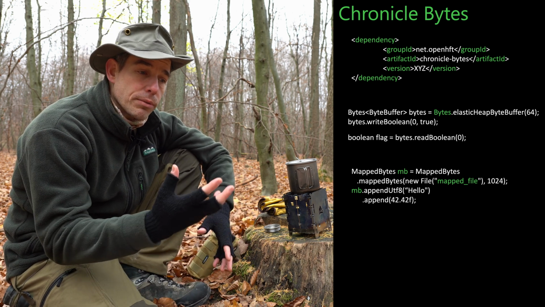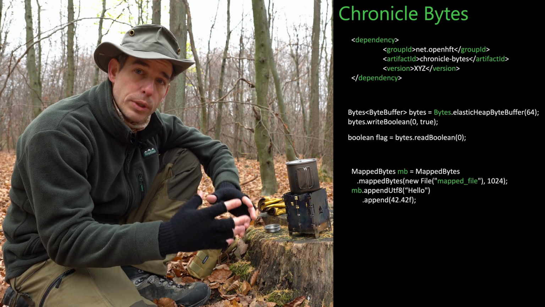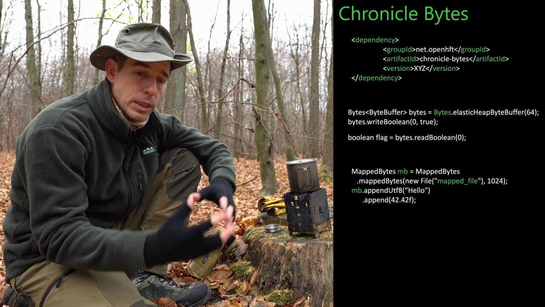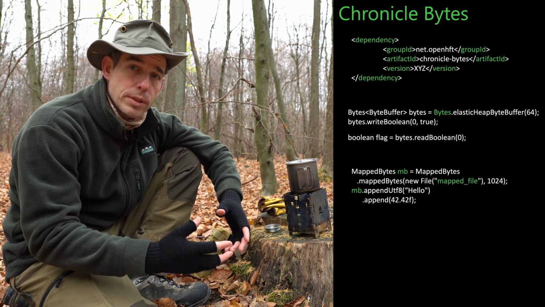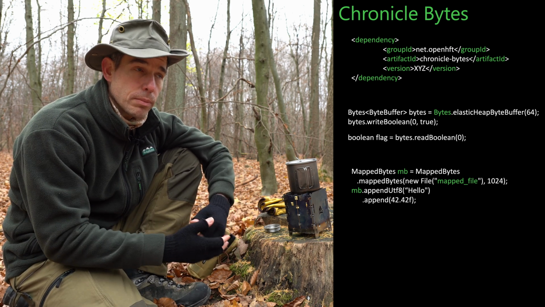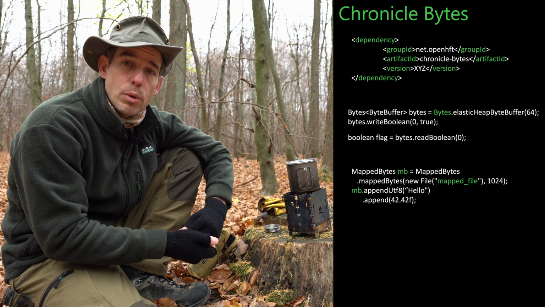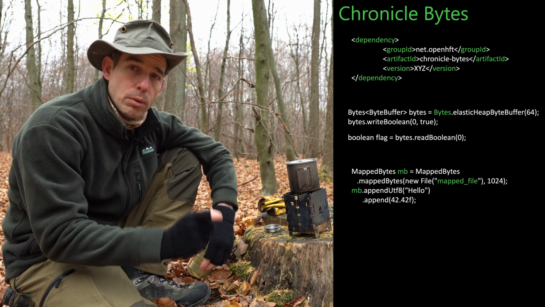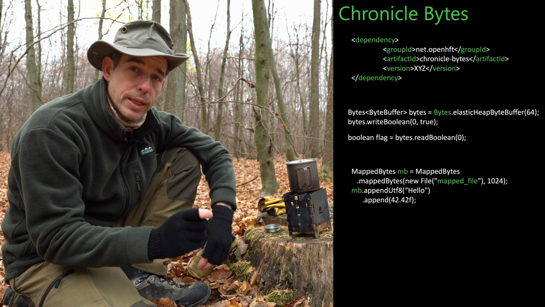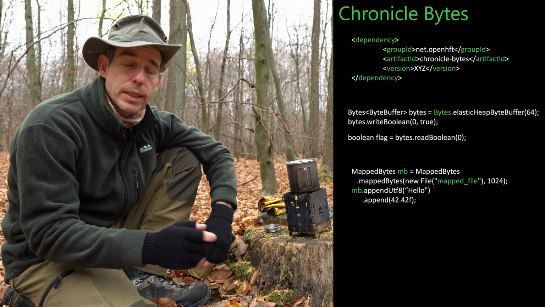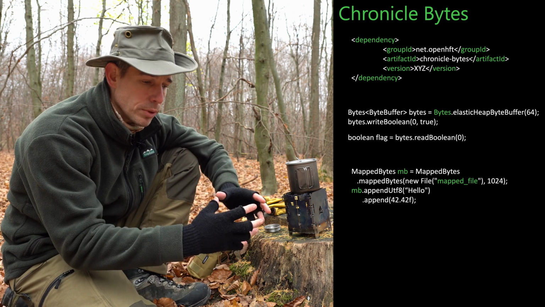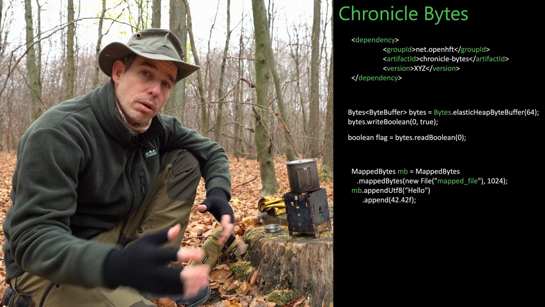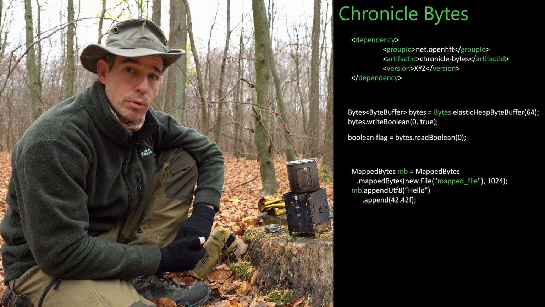So if you have your business model, what you need is that you have to decompose this into different attributes. So a class with two attributes, maybe an int and a byte, will be just one append with an int, one with a byte, and the next one is again an int and the byte. So you have to decompose a class into the sequence of data types you're writing down.